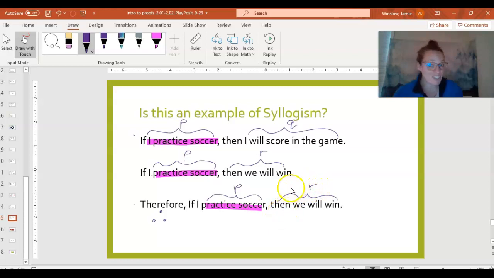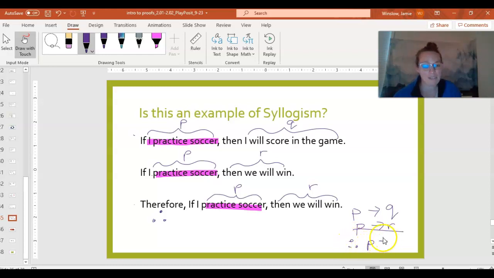Now it makes sense logically, but can we show it is true by the law of syllogism? The first sentence, P implies Q. P implies R. Oh, wait a minute. Writing out the law of syllogism like this makes us see more clearly.